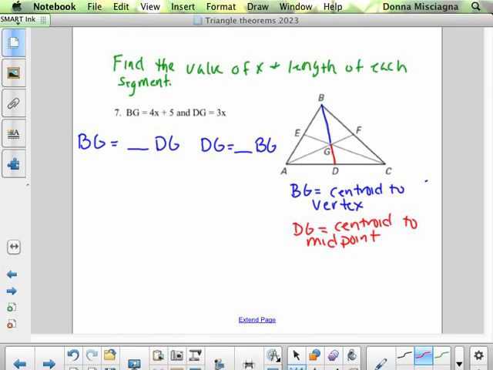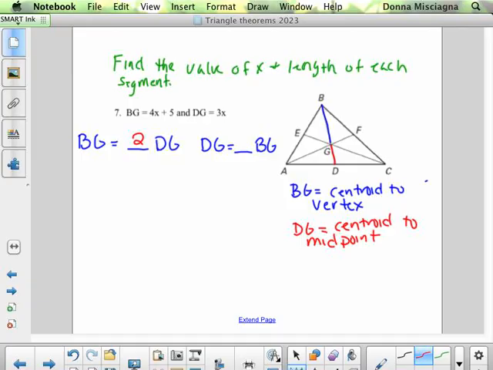So BG is going to be twice DG, or the other way around, DG is going to be half of BG. So let's go ahead and write that in. So BG is 2 times DG. It takes 2 DGs to equal 1 BG.